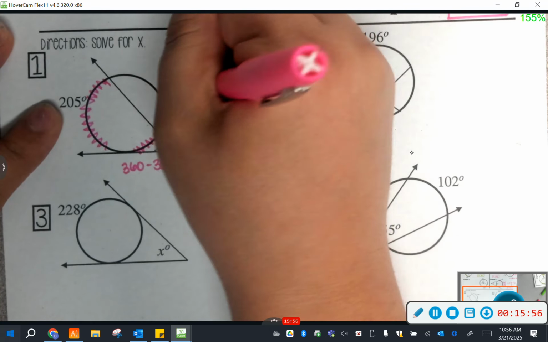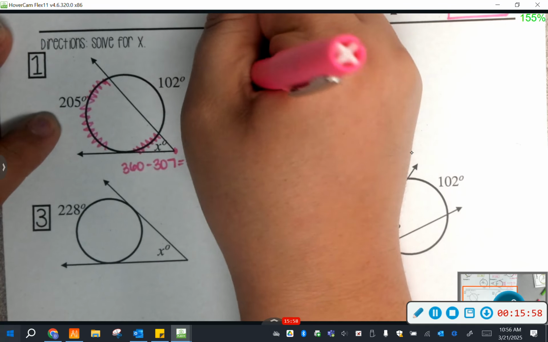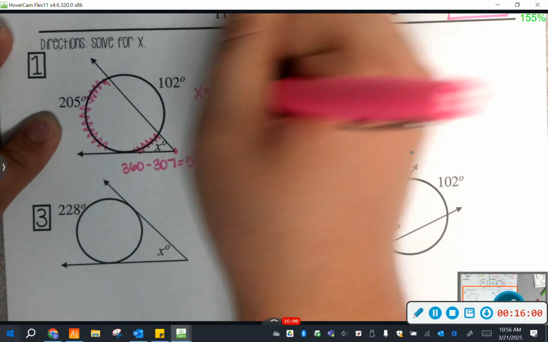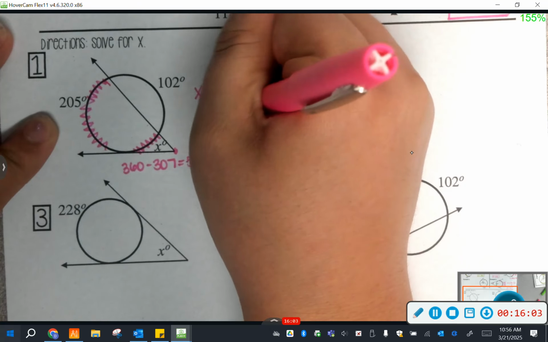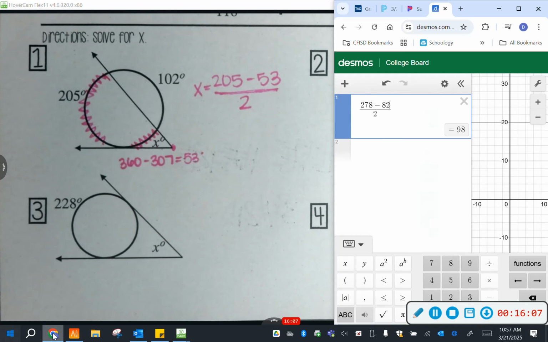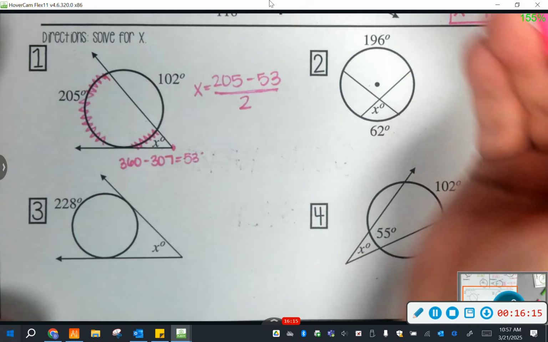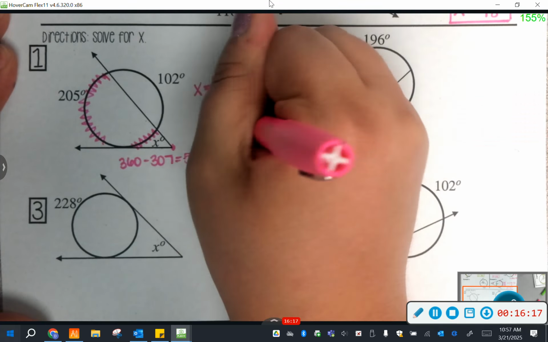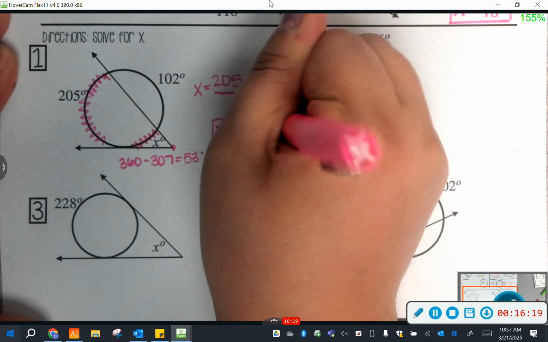So to find x, I do my big arc minus my small arc divided by 2. And what did y'all get when y'all did 205 minus 53? 76. Sorry, I put 52. So for number 1, you should have gotten 76 degrees.